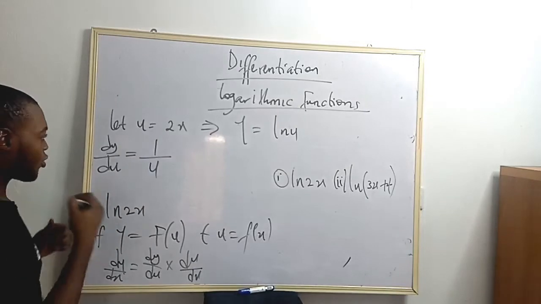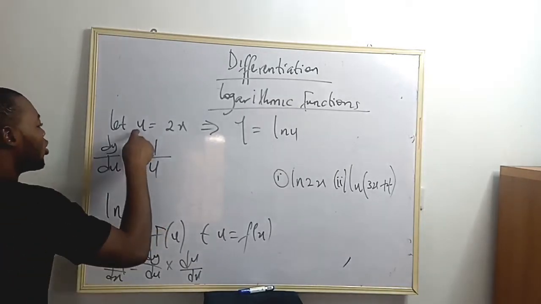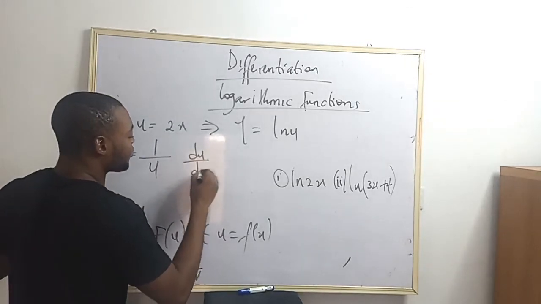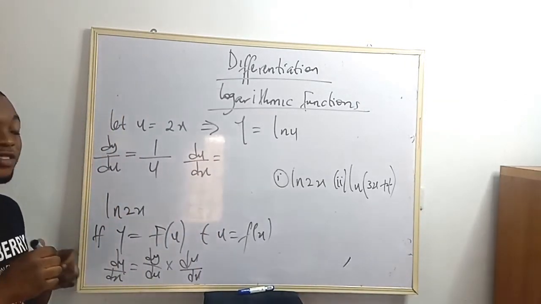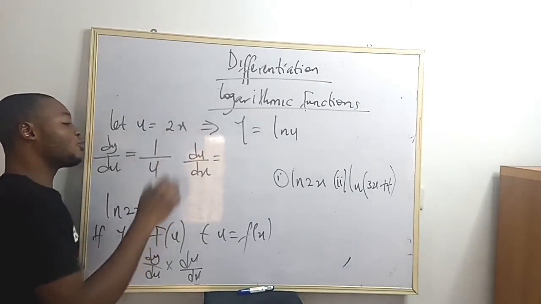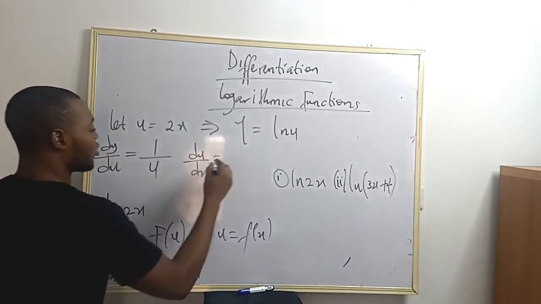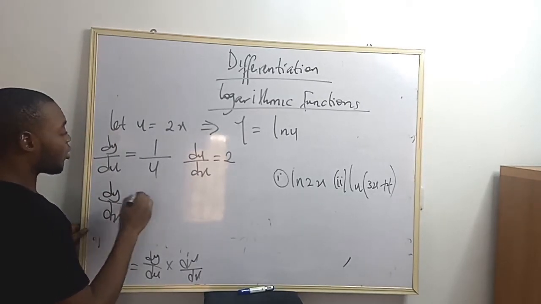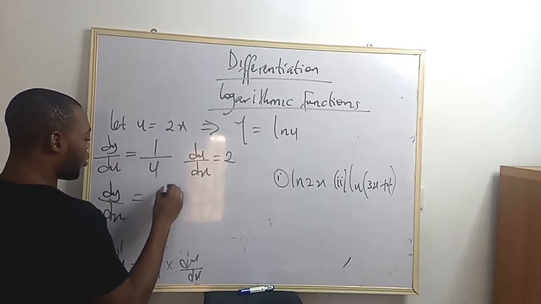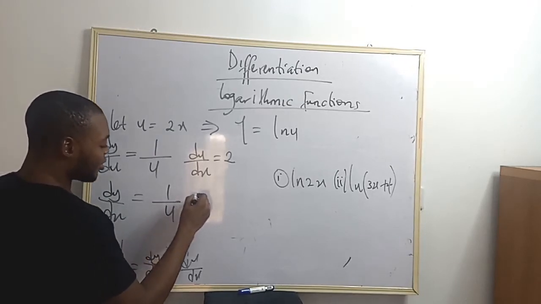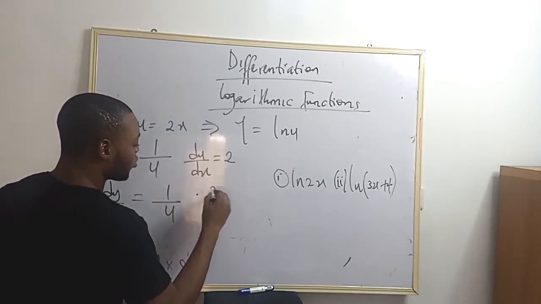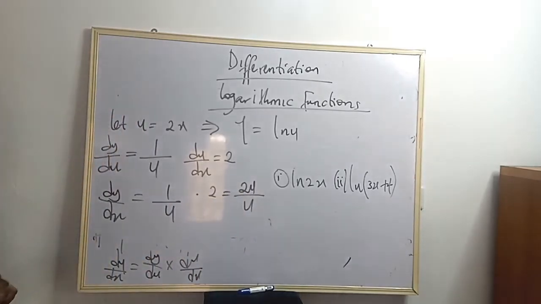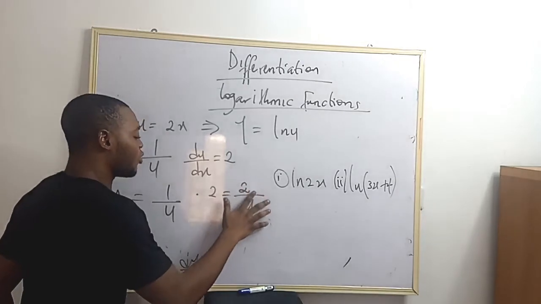Also, the next thing is that you differentiate u with respect to x. From here now, du/dx will be equal to, remember, the derivative of polynomial function. So the derivative of 2x is equal to what? 2. Now from here, dy/dx equals dy/du, 1 over u, times du/dx, 2, which is equal to 2 over u.